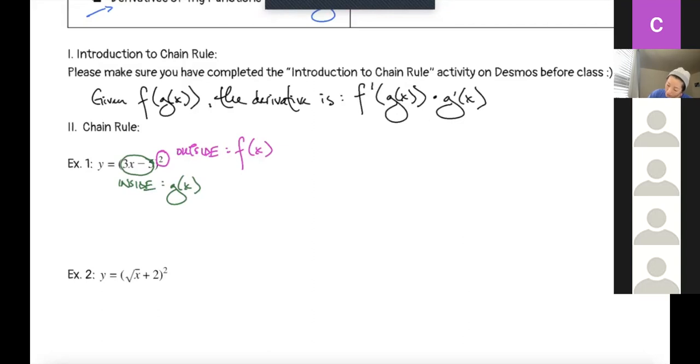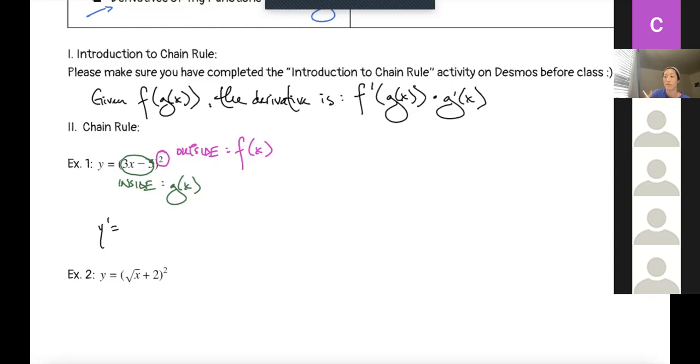And so if we want to find y prime, or our dy dx, or our derivative, the rule says that we're going to take the derivative of the outside function, so the squared. If I had x squared, what's the derivative of x squared? 2x. Now instead of saying x squared, I'm saying we have something squared.